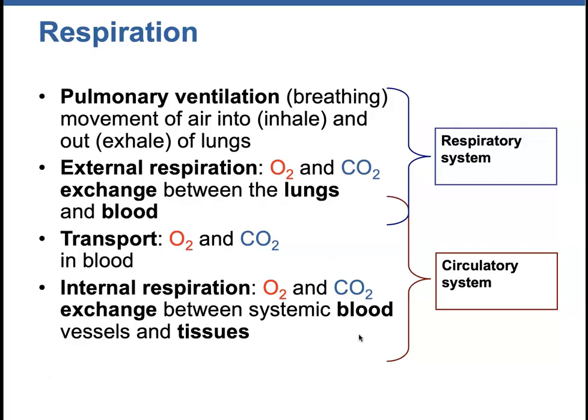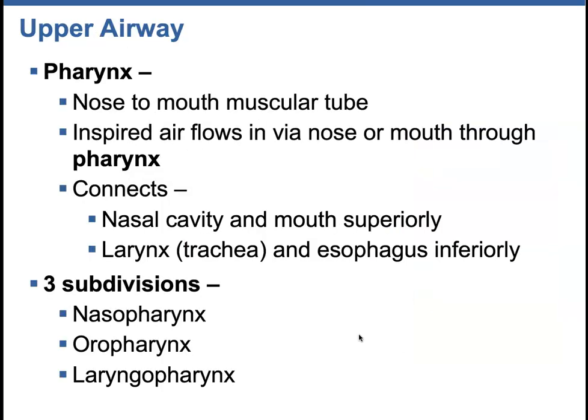There they undergo internal respiration, when the oxygen unloads from the blood into the tissue, and carbon dioxide from the tissues loads into the blood. So just remember, external respiration is between the lungs and the blood, and internal is in the tissues, between the blood and the actual tissue cells.